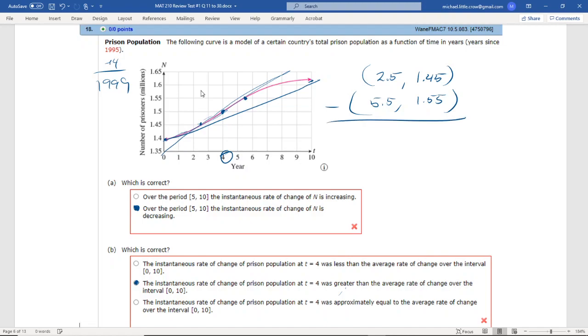We subtract one from the other, so 2.5 minus 5.5 is negative 3, and this one gives us negative 0.1. Put it in the bottom, and we should get a positive slope, negative 0.1 divided by negative 3.